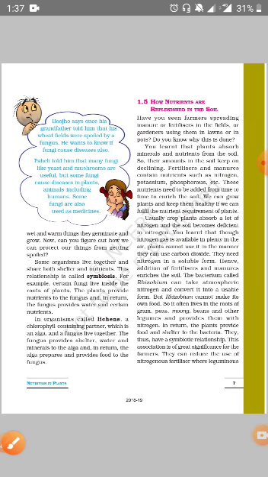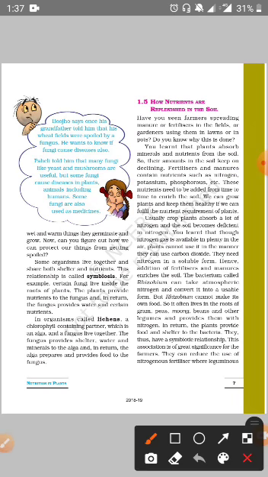Fertilizers and manure contain nutrients such as nitrogen, potassium, phosphorus. These nutrients need to be added from time to time to enrich the soil. We can grow plants and keep them healthy if we can fulfill the nutrient requirement of the plant.